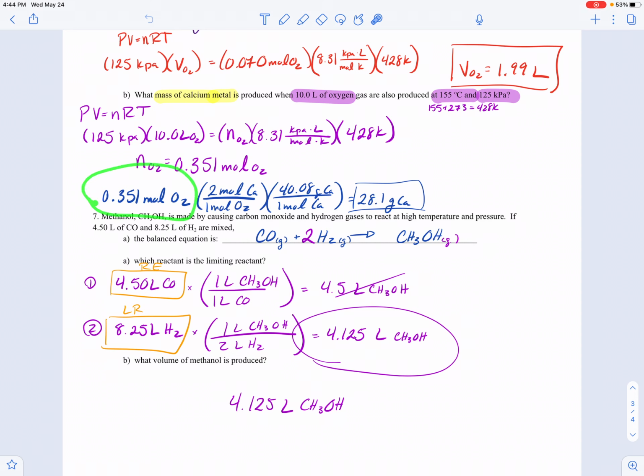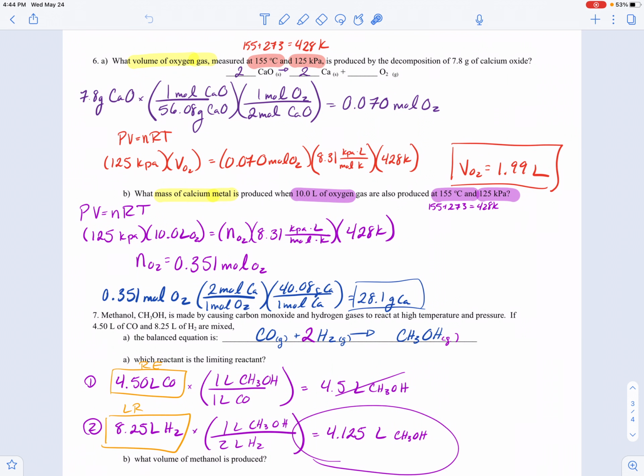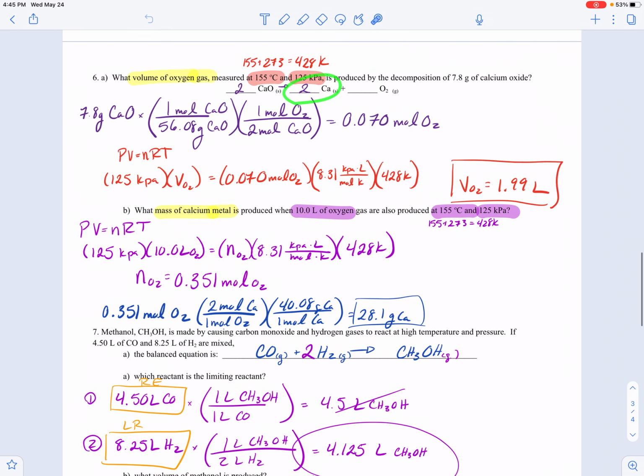So once I know how many moles of oxygen gas I have, then I can use stoichiometry to get grams of calcium. So for every 1 mole of O2, I am going to use 2 moles of calcium. That is in my balanced chemical equation above. So every 1 mole of O2 is also going to produce 2 moles of calcium.